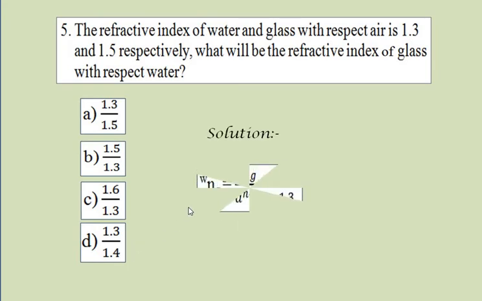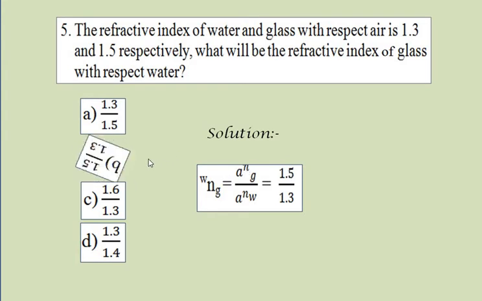Here the refractive index of glass with respect to water can be calculated as the refractive index of glass with respect to air divided by the refractive index of water with respect to air. The refractive index of glass with respect to air is given as 1.5 and that of water with respect to air is given as 1.3. So we get the correct answer, option B.